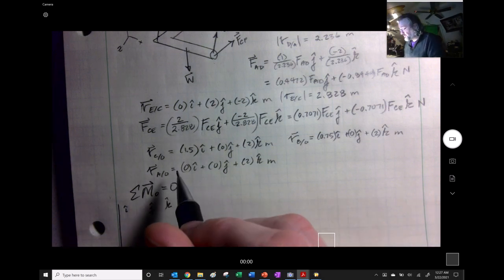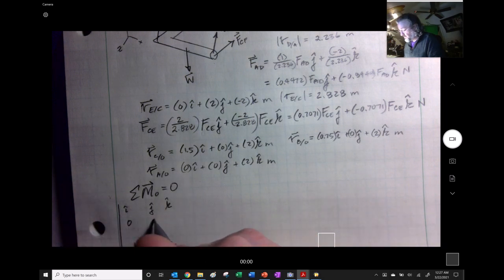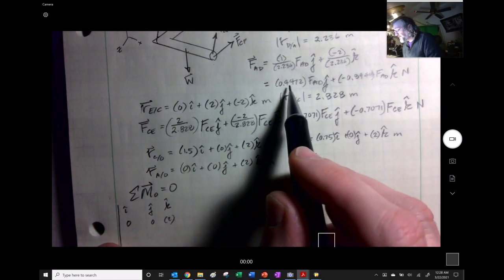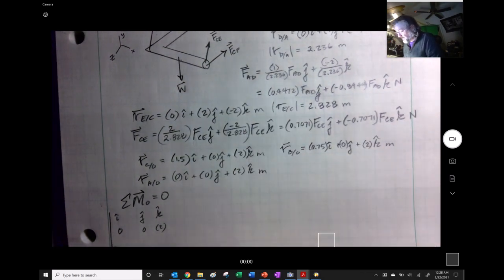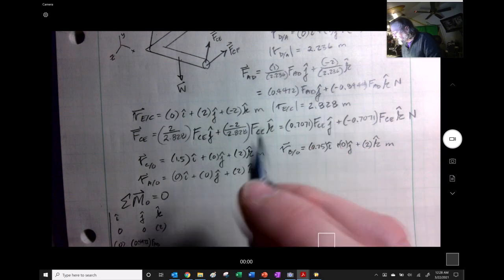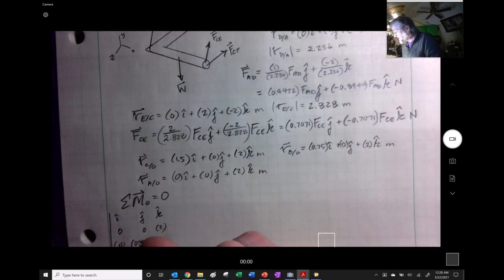We have the position vector at A, 0, 0, 2. And he is going to have FAD is going to have 0, point 4472 FAD and negative 8944 FAD.